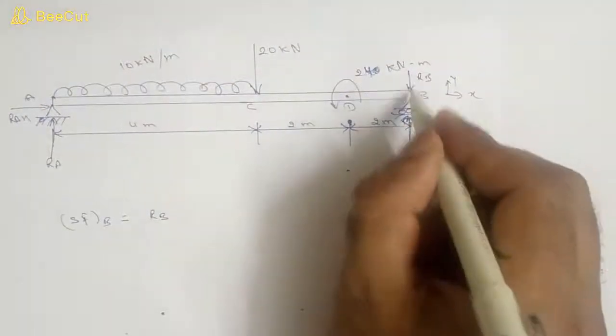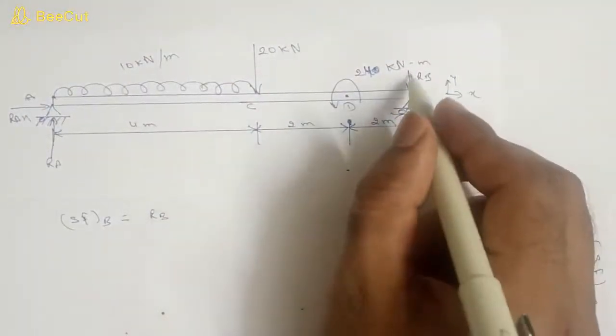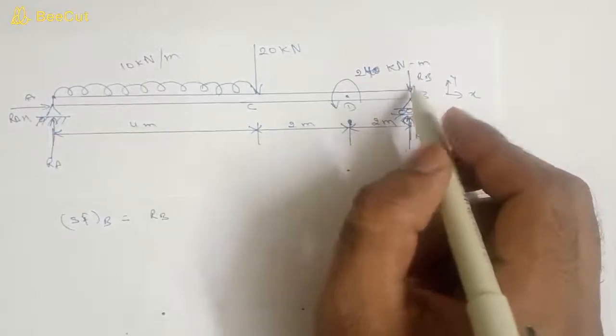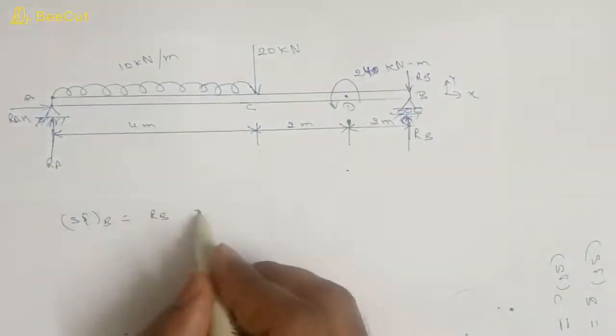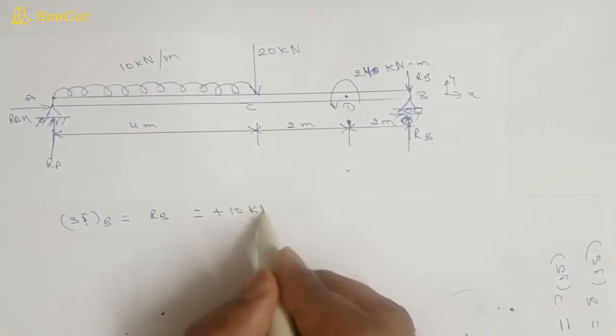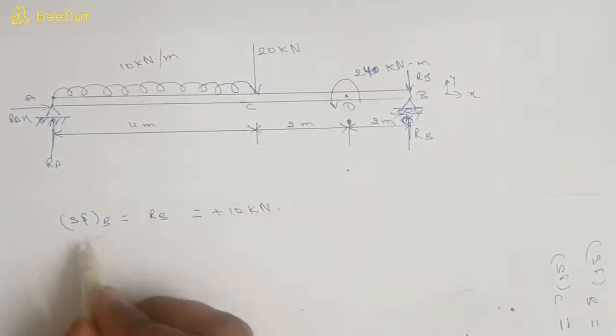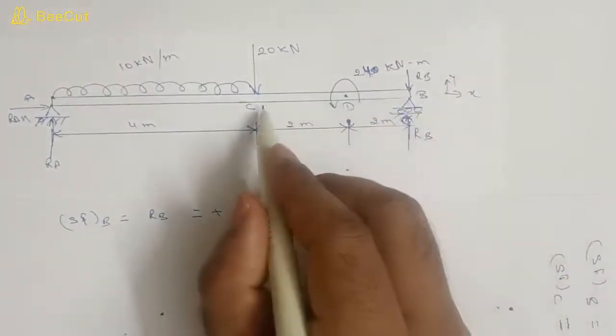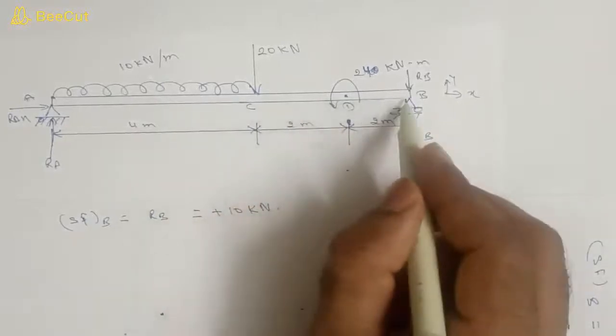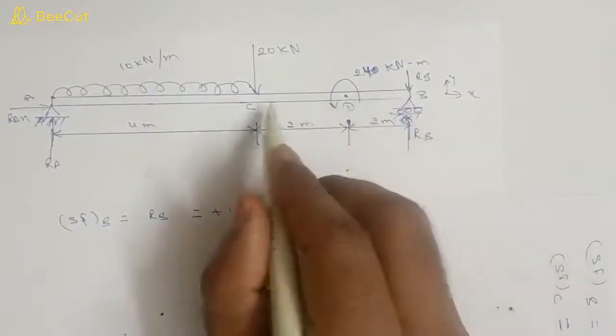So this is downward, so this shear force will become positive. So we will get plus 10 kilonewton, the shear force at B. Now shear force from this point B to C will be constant because there is no external force from B to C.